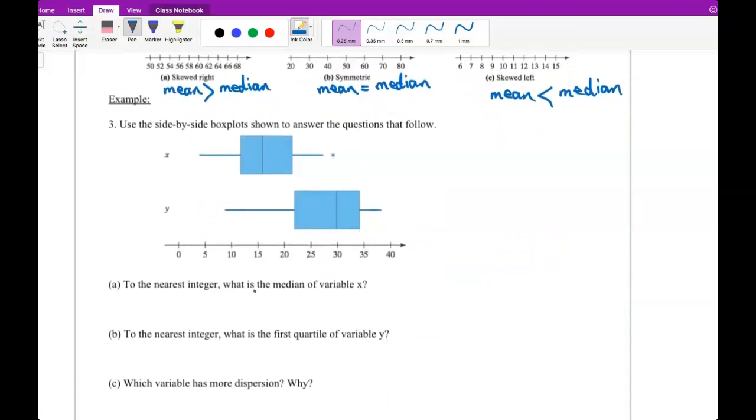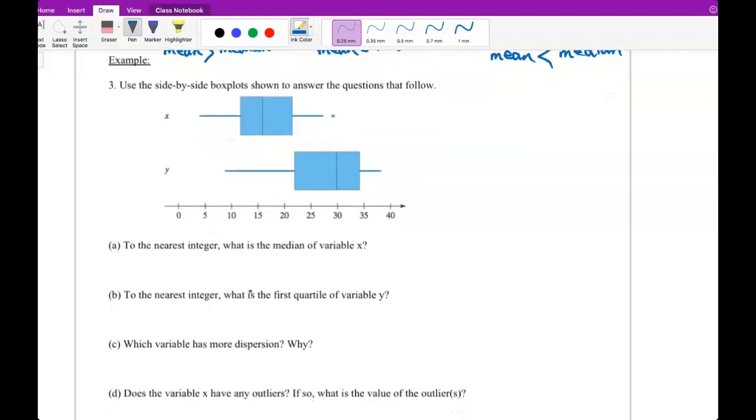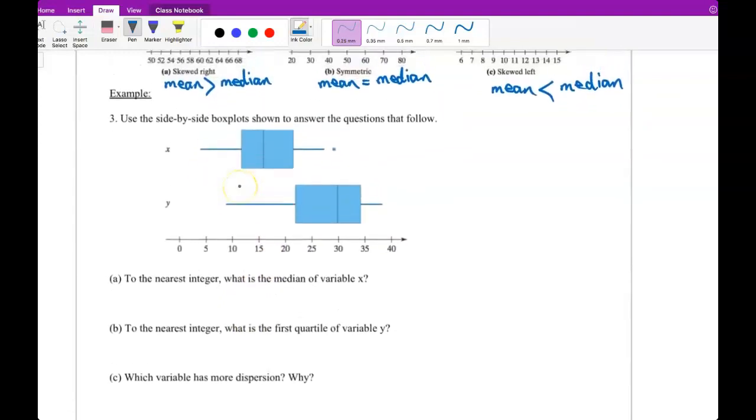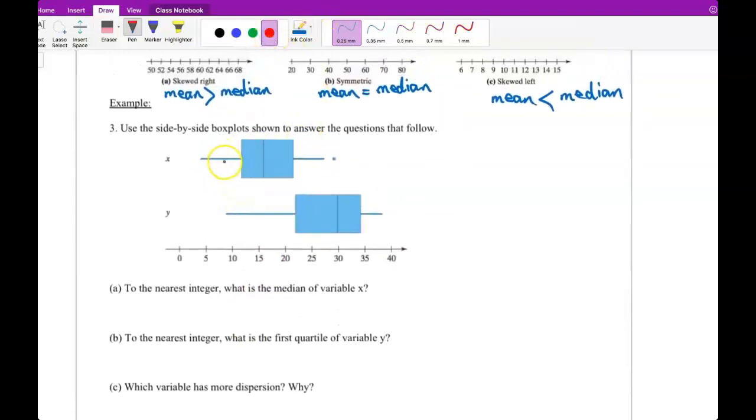Okay, now example, use the side-by-side box plots to answer the questions. Okay, what is this one? This part is minimum. Here is max. That one is, sorry, this is outlier.